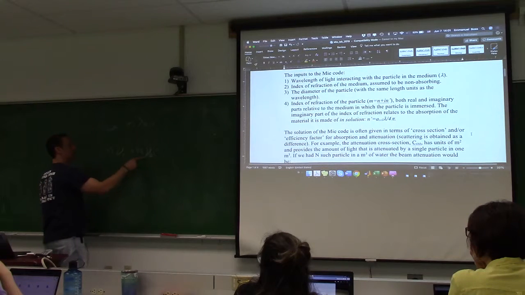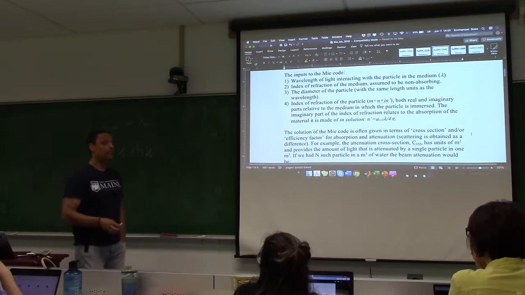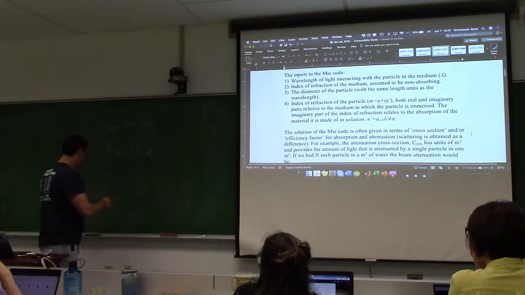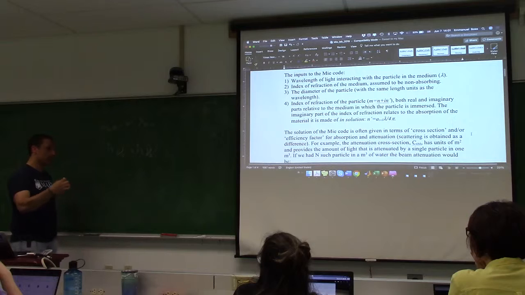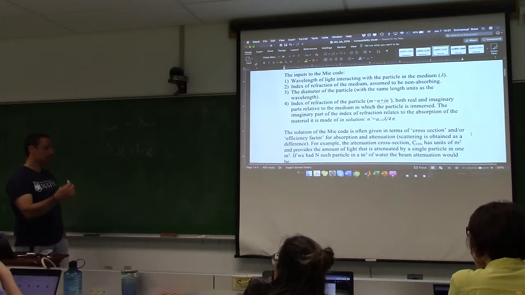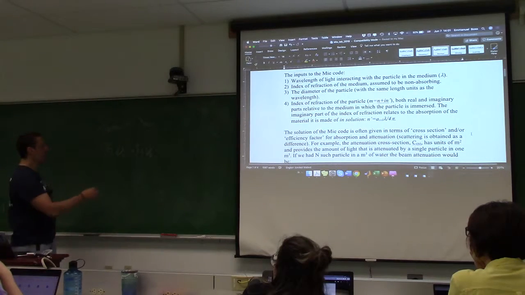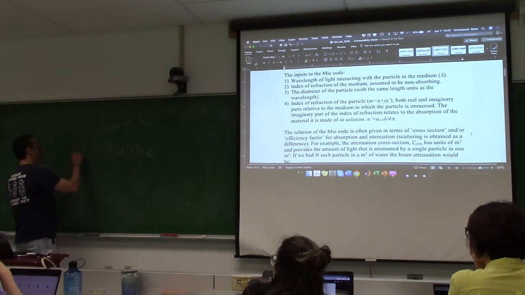So these are preserved, so frequency is the same. And frequency has units of 1 over time. How do I get from wavelength and speed to 1 over time? So nu equals c over lambda.